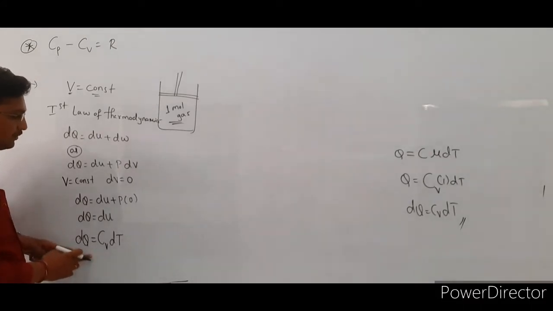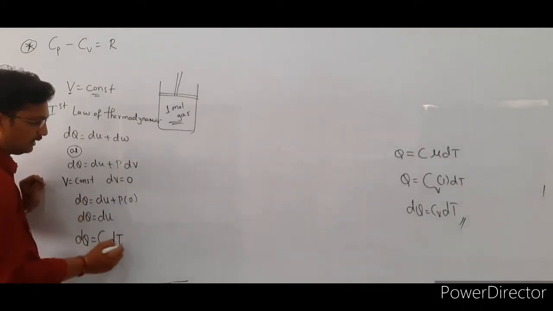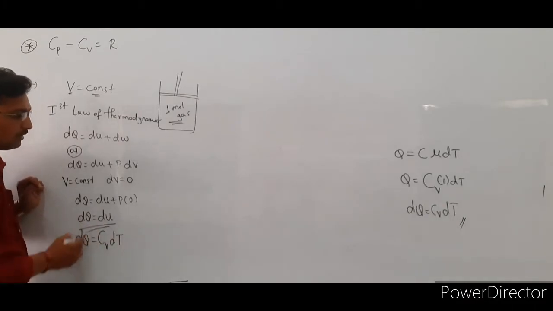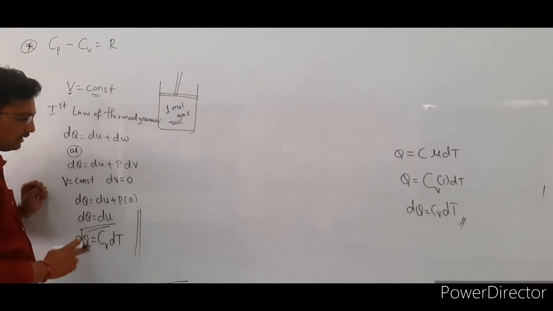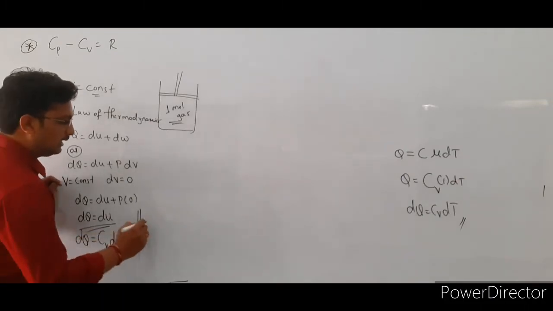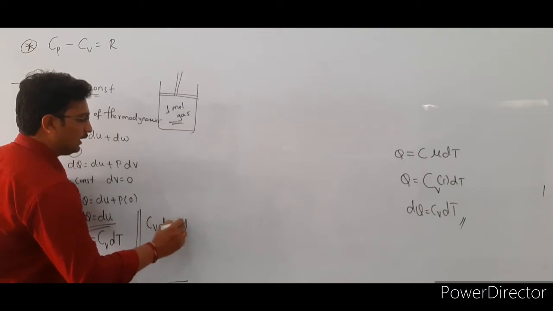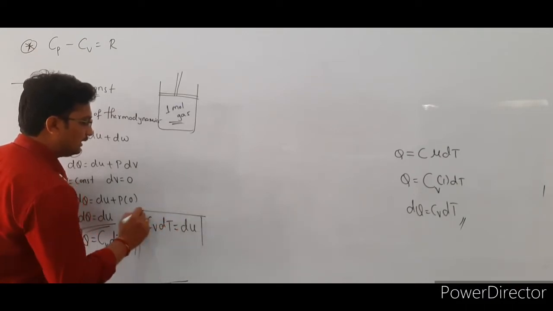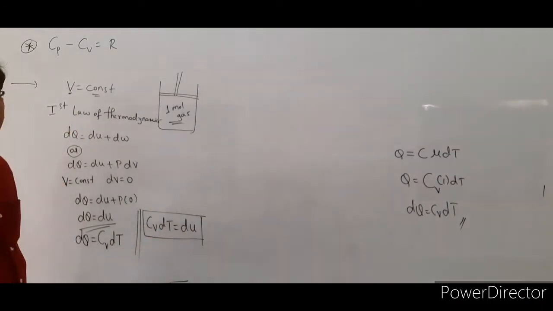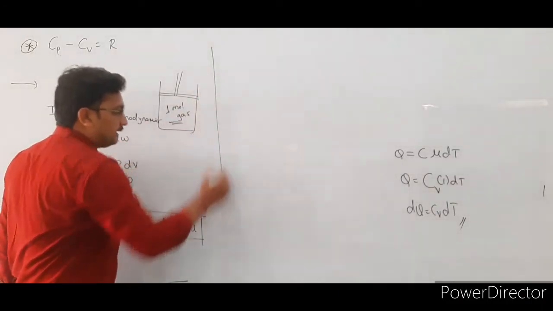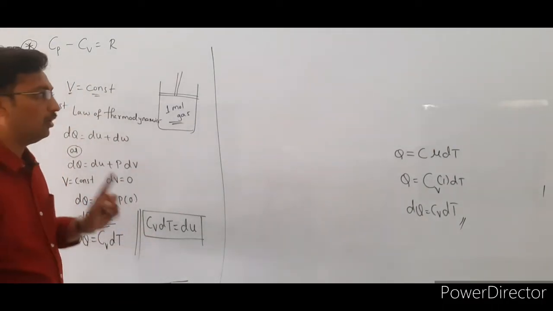Substitute the dq value in the above equation. From this one, dq is equal to du. What is the dq value here? Cv dt. So Cv dt is equal to du, or du is equal to Cv dt. Here Cv indicates the molar specific heat capacity at a constant volume.